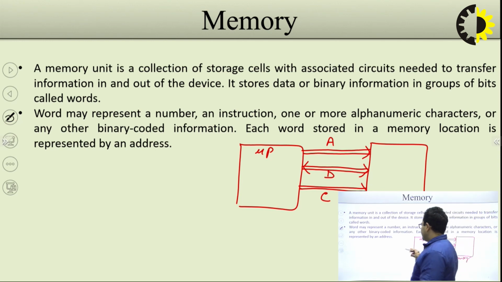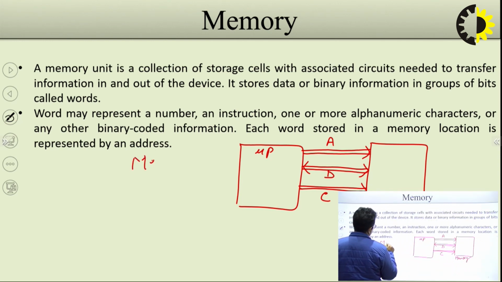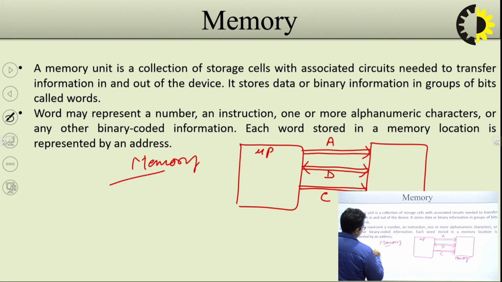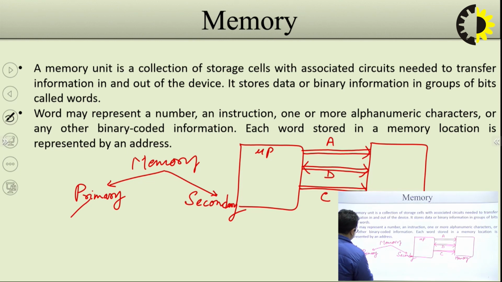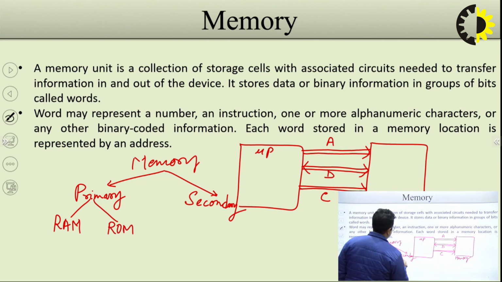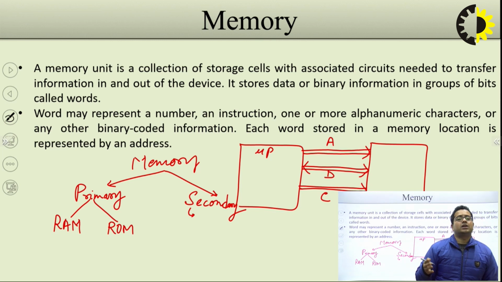Primary memory has two types, RAM as well as ROM, and secondary memory has various types: floppy disk, hard disk, CDs and DVDs, and pen drive.